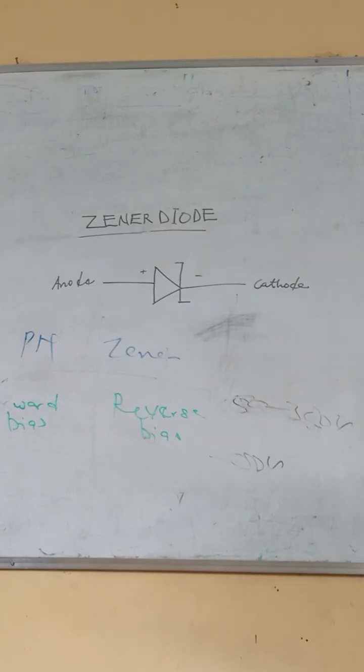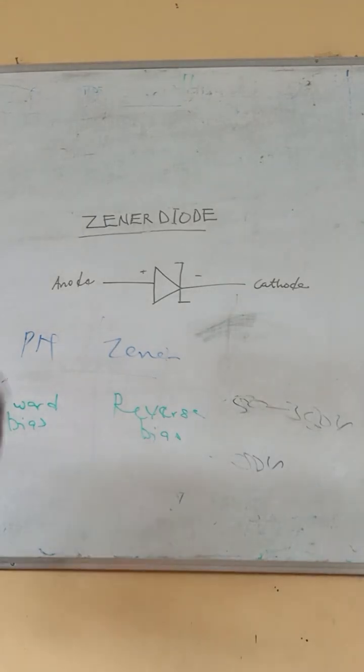In reverse bias condition, even if you continue increasing the source voltage, it will maintain the output voltage. The voltage will not increase, so the output is not going to give us higher voltage. It will stabilize the voltage.